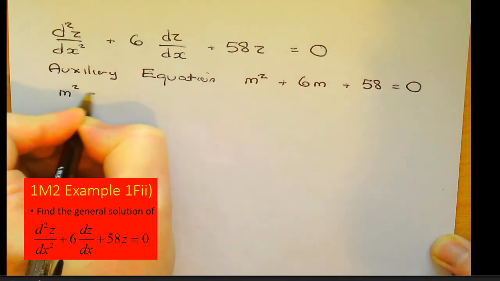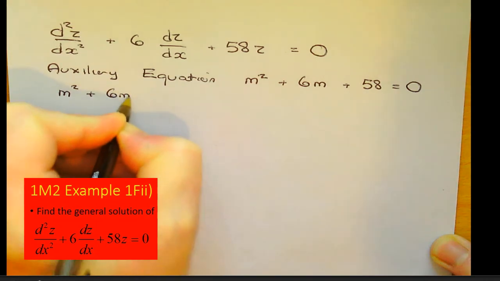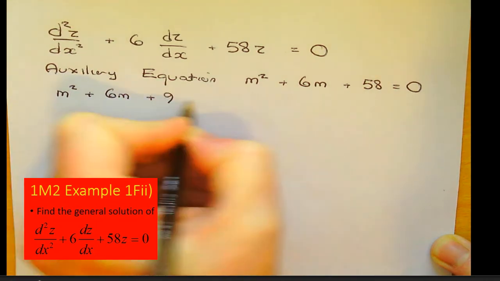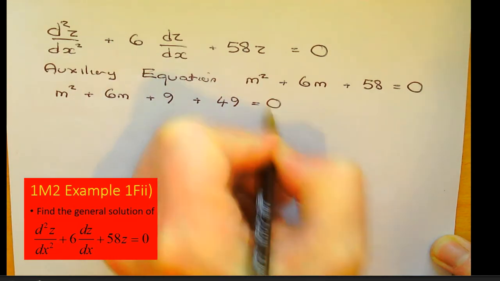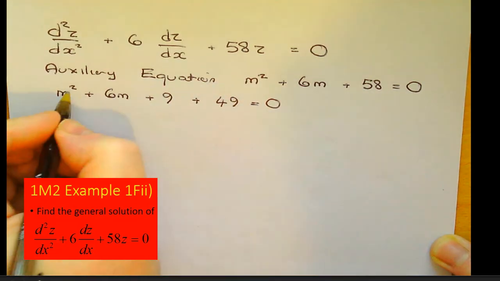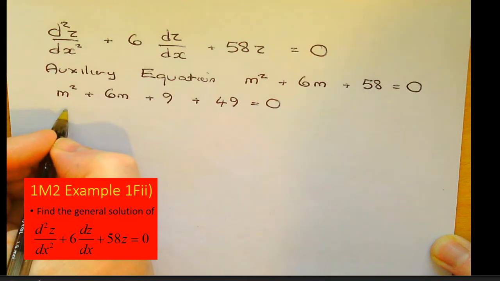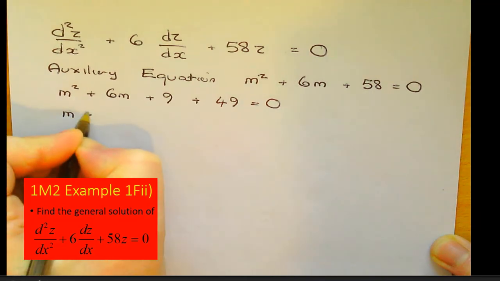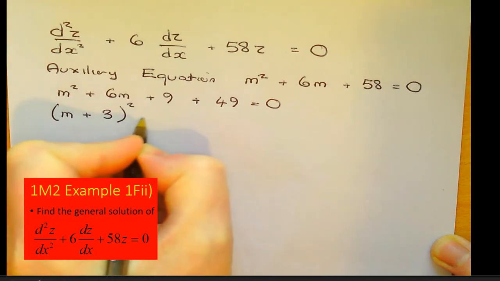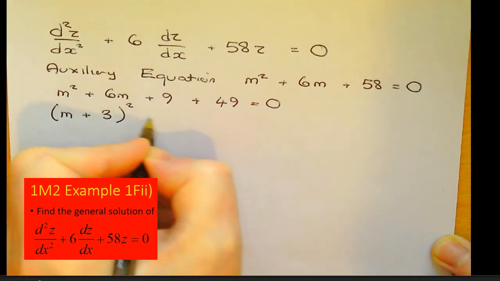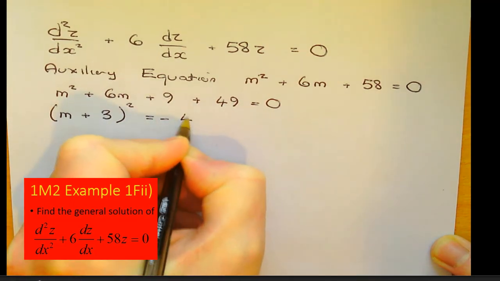Right, m squared plus 6m plus 9 plus another 49 is equal to 0. M squared plus 6m plus 9, well, that is m plus 3 all squared.